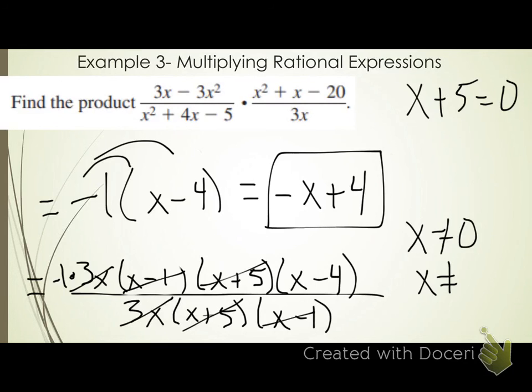How would I get x by itself? Subtract 5. X equals negative 5. So what can x not equal? Negative 5. So, doing the work in your head, what else can x not equal? X cannot equal 1. Everyone good with that? If x is any of those values, my denominator would be 0, and we don't want that.